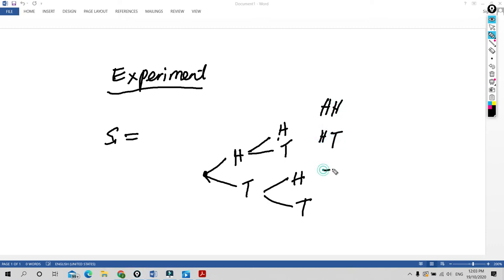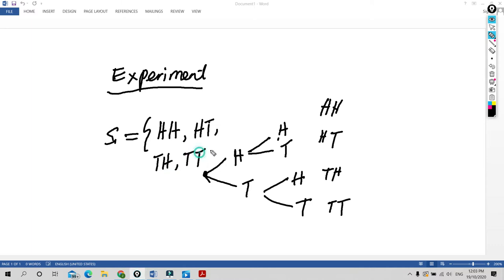Then you have tail and head. Then you have tail and tail. Okay. So the sample space here is equal to head-head, head-tail, tail-head, or tail-tail.